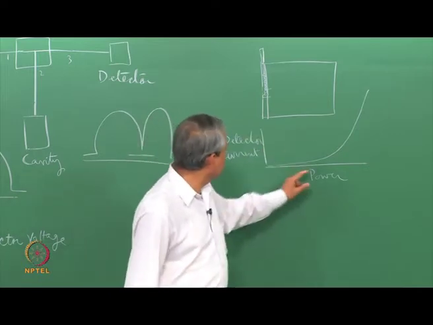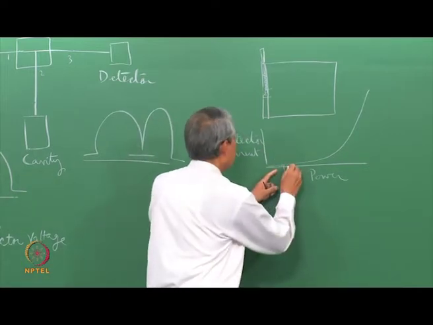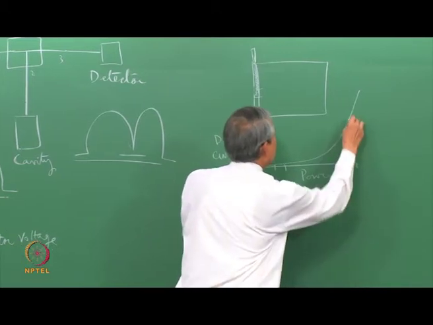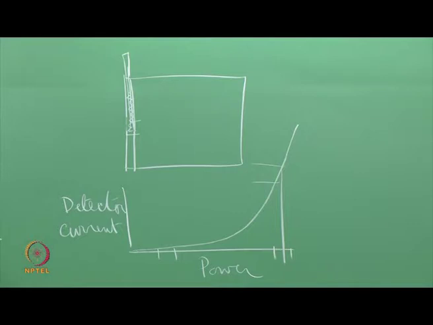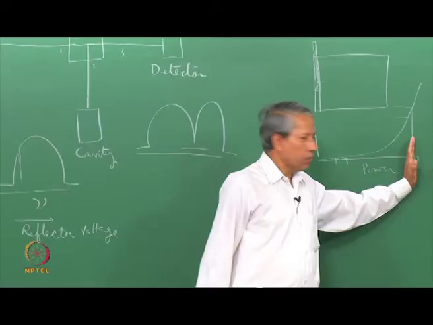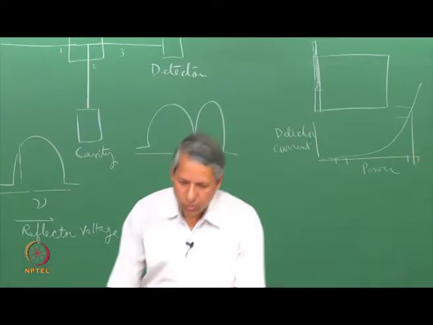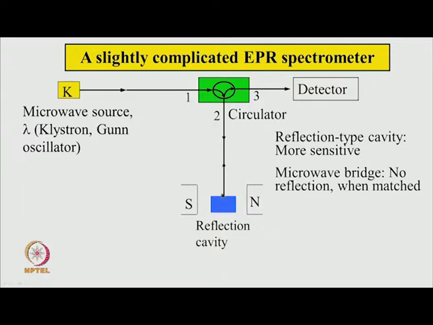This should be as high as possible for a small change of microwave power, that is here versus here, more detected voltage is possible. So, here we can bias the detector diode such that instead of working here, we like to work somewhere here. Now, one way to do it is, instead of working at critical coupled condition or very nearly critical coupled condition, we deliberately mismatch it, so that always some microwave power comes from here and falls on the detector.